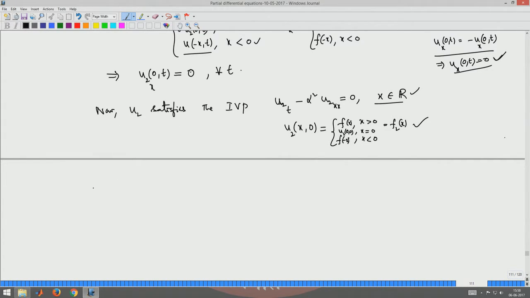So immediately we know the solution of this u2, because in the last video I solved this initial value problem.